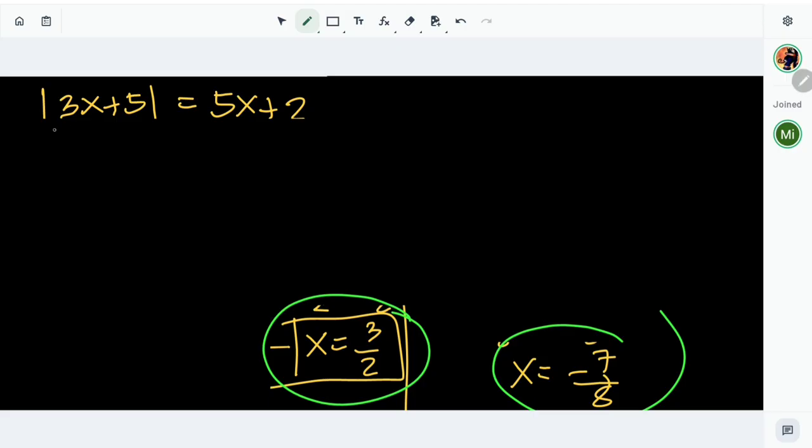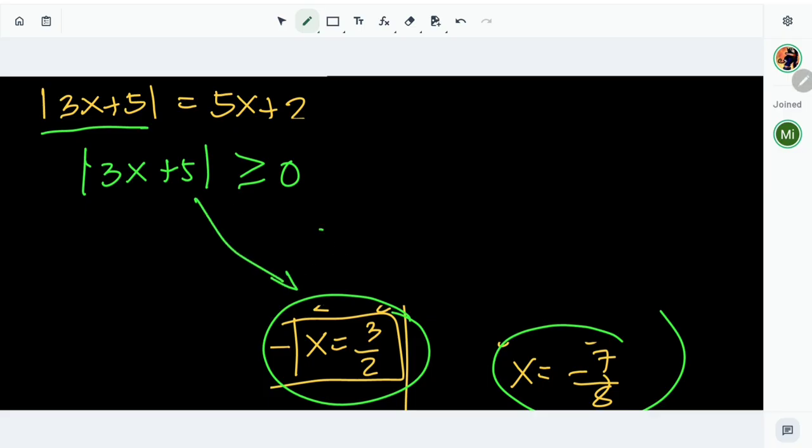Because we have an absolute value here, absolute value of 3x plus 5 should always be greater than or equal to 0. Alright? So that means only this one is a valid solution to the equation. So this one is the extraneous.